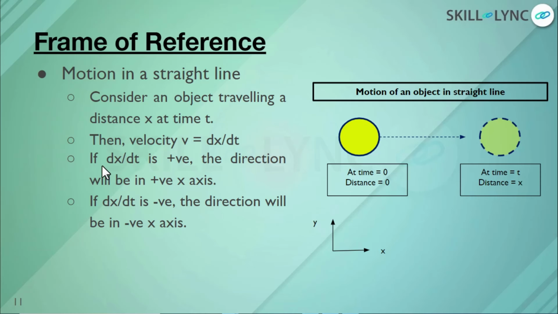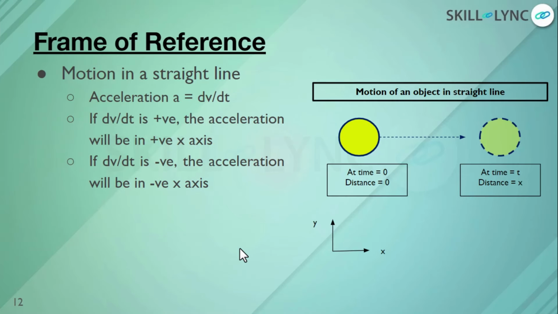If dx by dt is positive, the direction will be along the positive x-axis. Here is the coordinate axis given. Similarly, if dx by dt is negative, the direction will be along the negative x-axis. Further, we can also find out about the acceleration, as acceleration is given by the formula dv by dt, that is, change in velocity with respect to time.